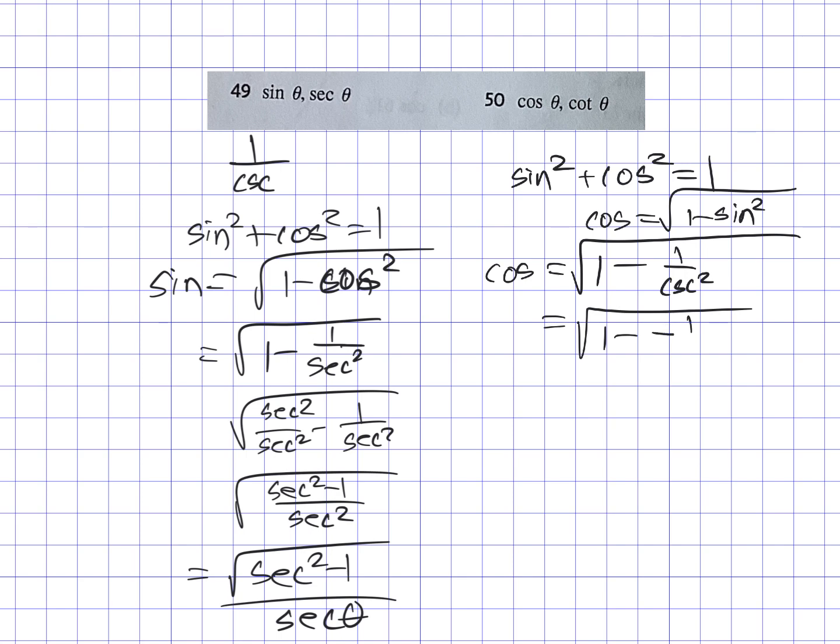And cosecant squared, let's replace that: 1 minus 1 over 1 plus the cotangent squared. All right, so we need a common denominator, so this 1 here is going to change into 1 plus cotangent squared over 1 plus cotangent squared. So they all have the same common denominator, and technically, you just wrote cosine in terms of cotangent.